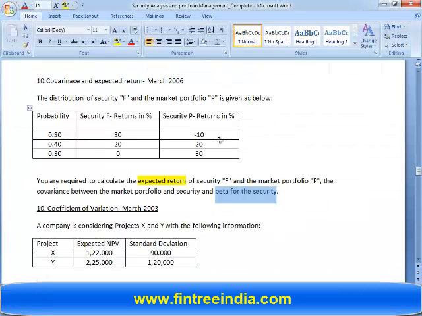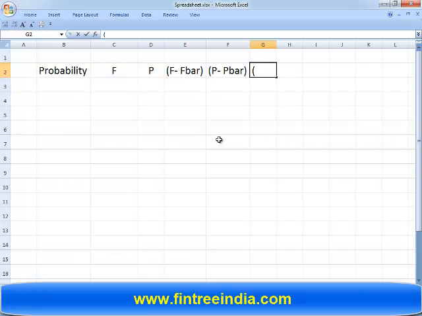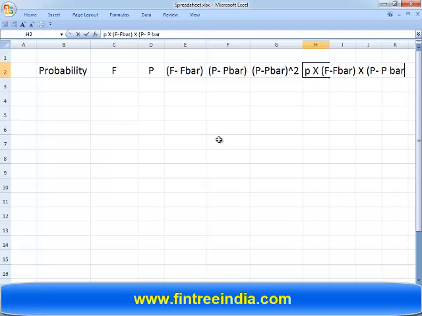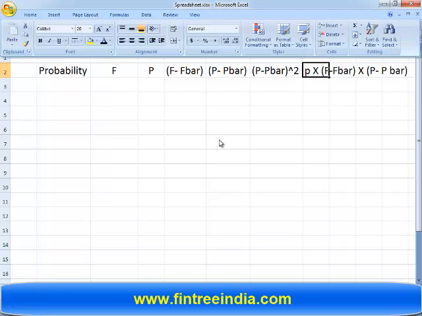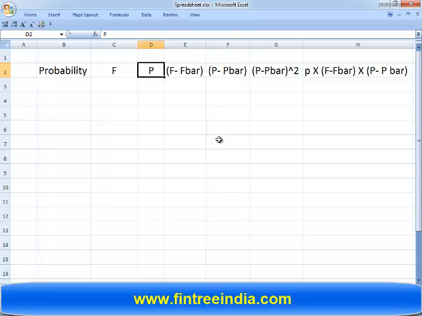So variance of the market, which is P minus P bar square. This will help us calculate variance of P. And then here we will calculate P multiplied with F minus F bar multiplied with P minus P bar. This last column will help us calculate covariance.